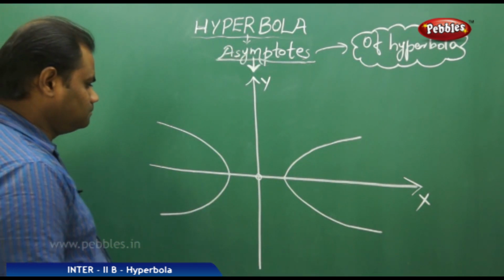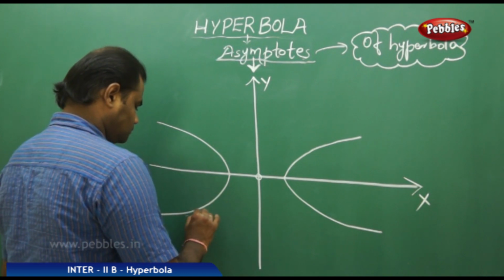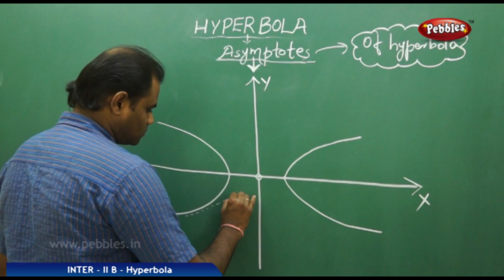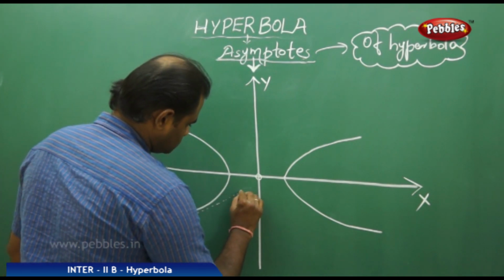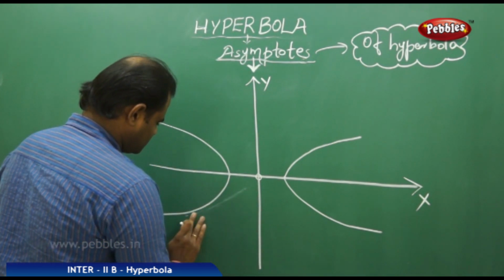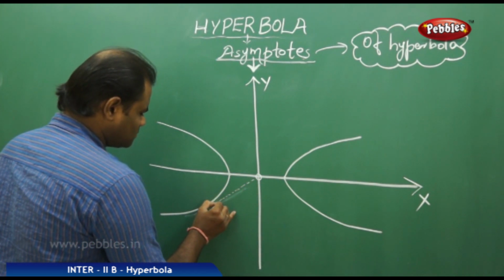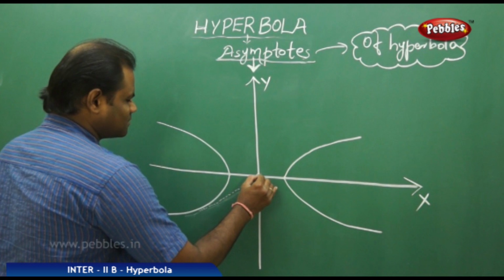So here I have two asymptotes, one passing through the origin and looking like this.